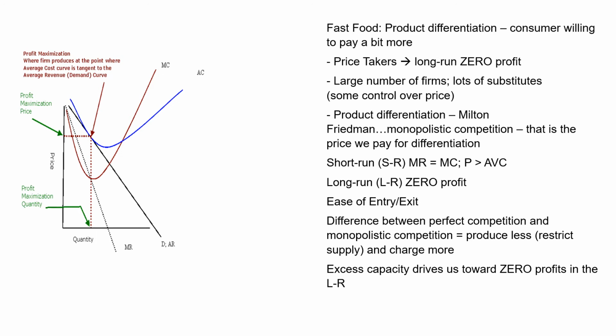Wendy's has a square hamburger versus a round hamburger at McDonald's. You get the idea. There's not much differentiation, but there is enough to distinguish between the competitors. And the idea is that they're charging a bit higher price because of that. That's what Milton Friedman is really saying. Famous economist, he's saying that we're paying for that differentiation.